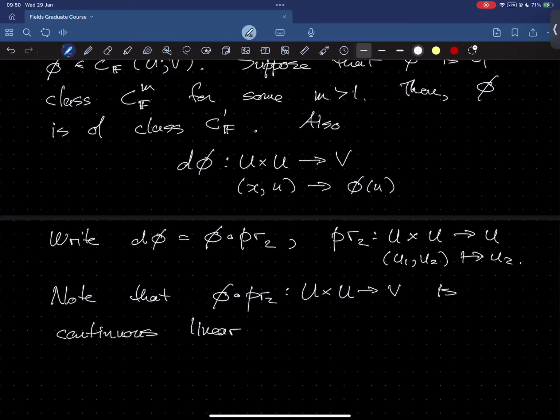All right, just because phi is a continuous linear mapping, and of course the projection is too.